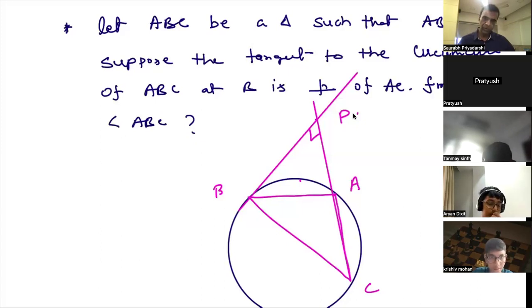So I'm typing the answer in the chat. Okay. Good, good, very good. So we have to find angle A. One minute. Send your solution.